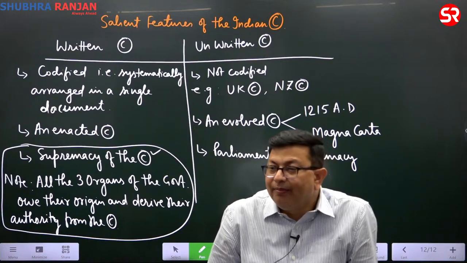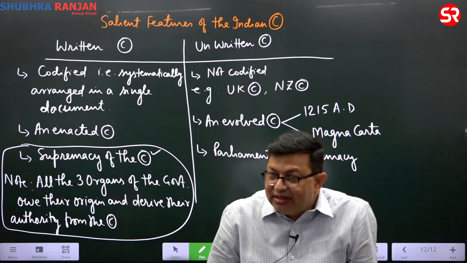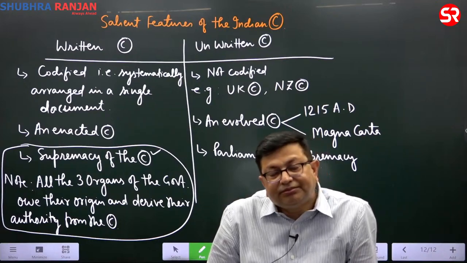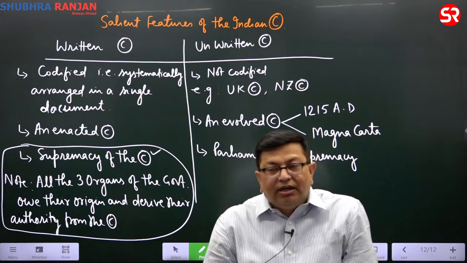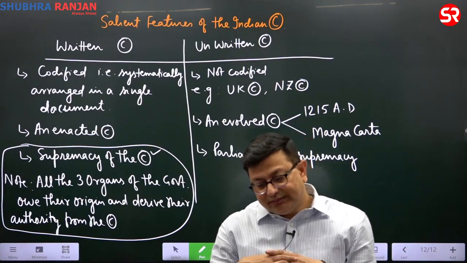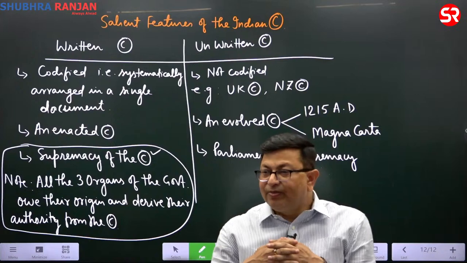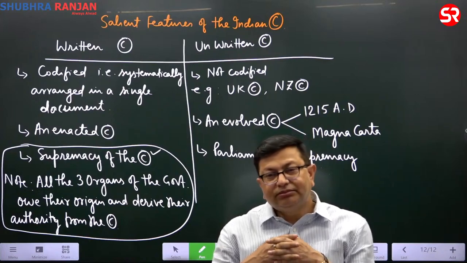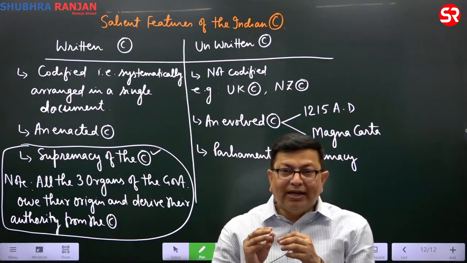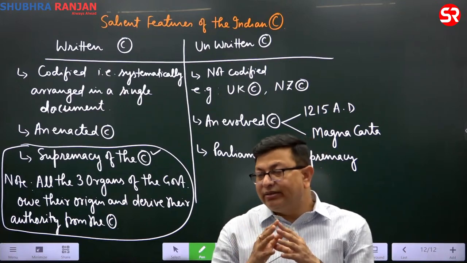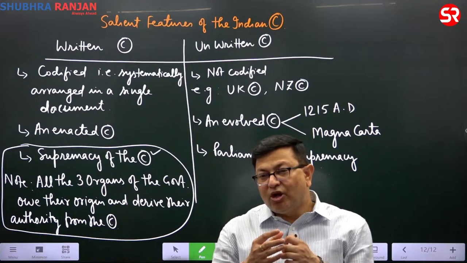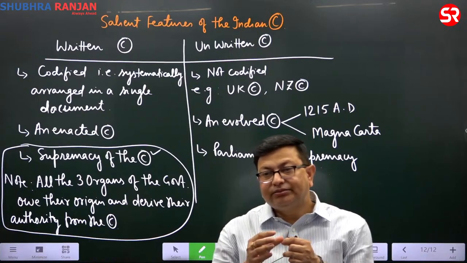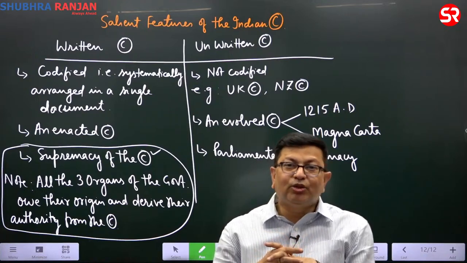Full stop. In other words, the British Parliament can make laws on any subject which is naturally possible.